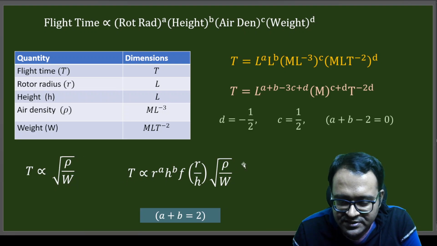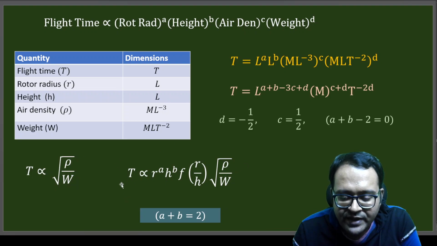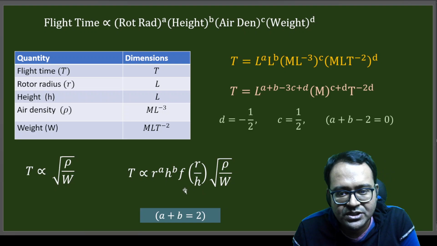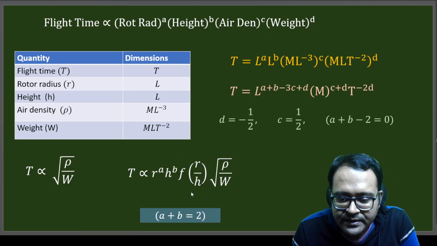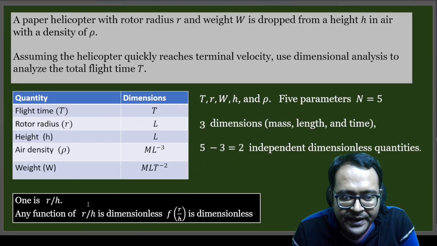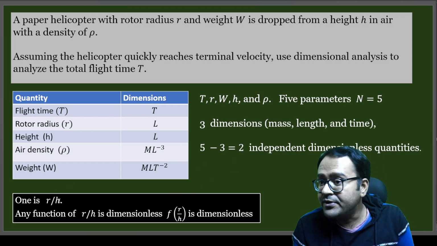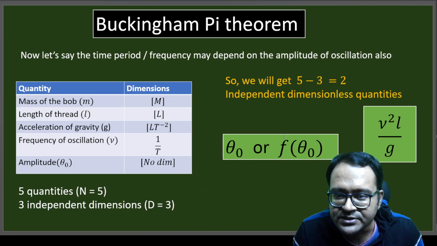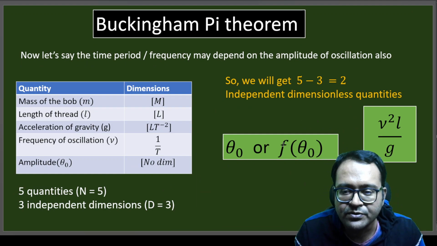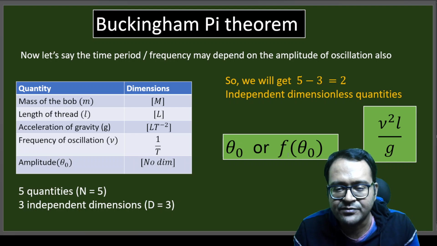So we write right now that your flight time is proportional to, with some constant k, r to the power a, h to the power b, some function of r by h. Why is this introduced here? Because we already know that r by h is dimensionless, and if you have already got something dimensionless, as we saw in the pendulum problem, you must include it somewhere in your final result.